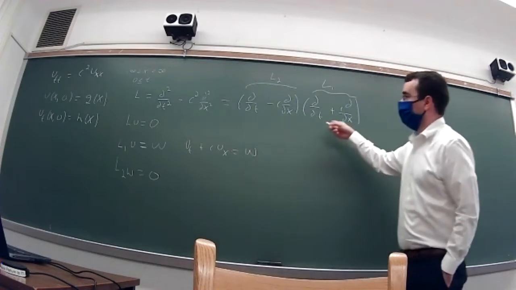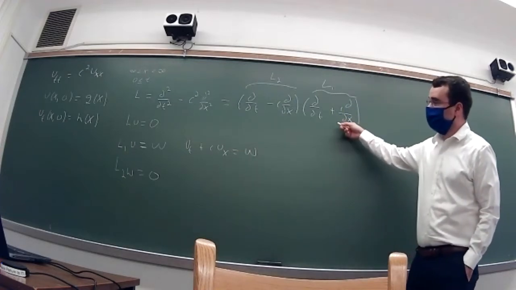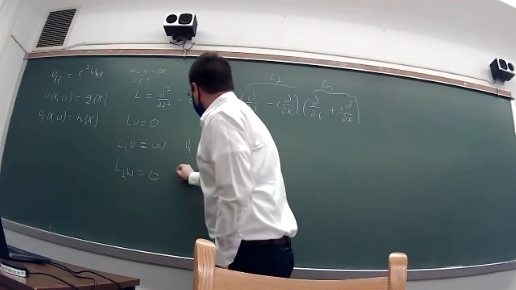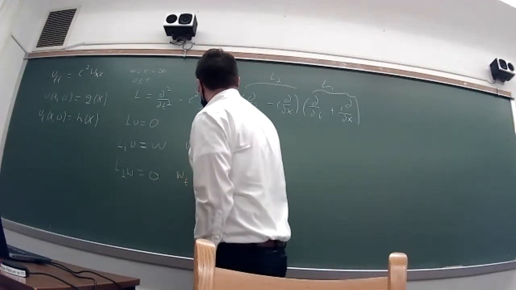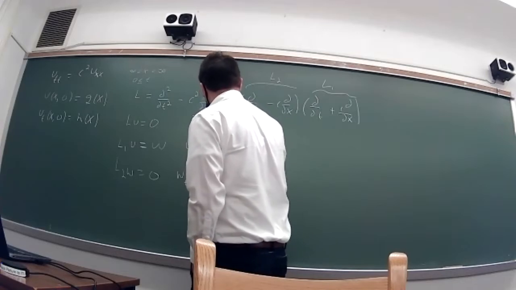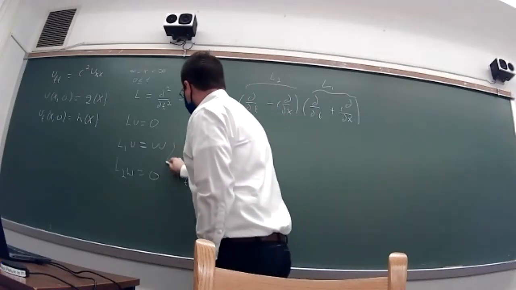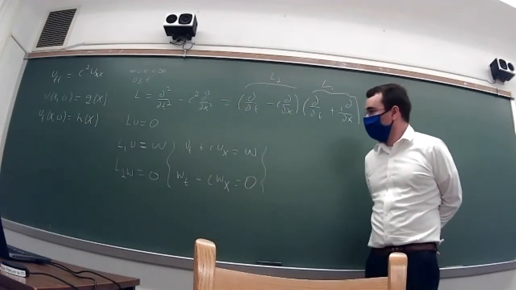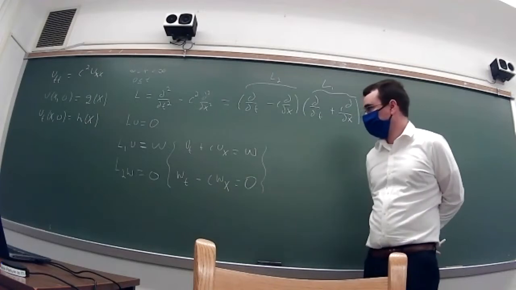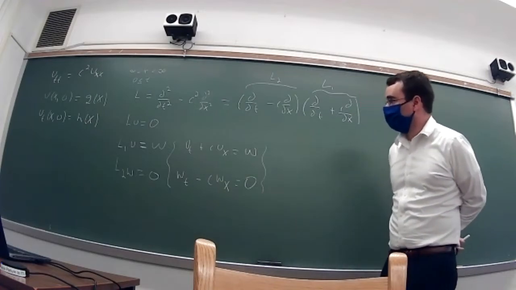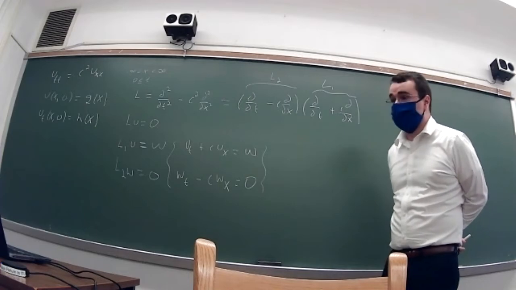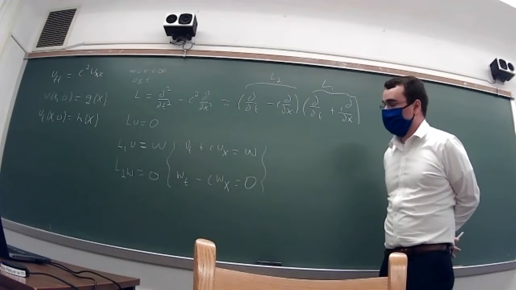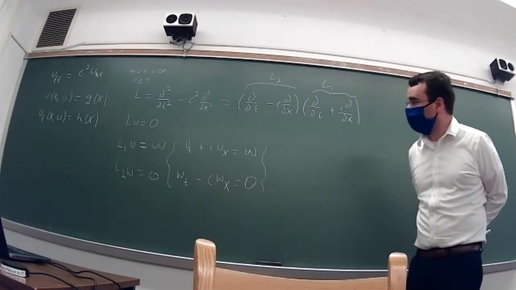Just by straightforwardly taking L1 of U, that's what I get, and now L2 of W. So I'm arriving at this system of two transport equations as a roadmap for finding a single function U that solves the equation. So take a careful look at it and check me for mistakes or anything like that.